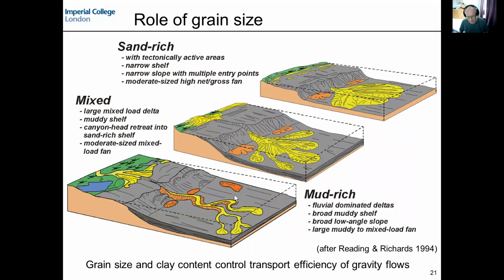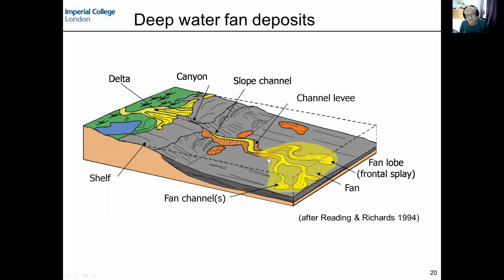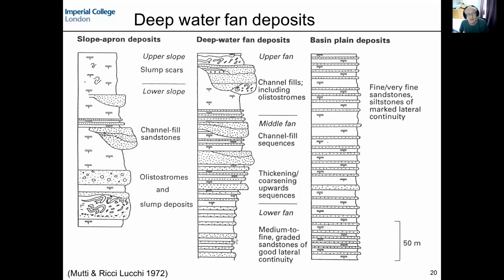We then look at the fan itself. We can see we have lobes, we have channels. Those are the two recurring elements within the fan itself, the fan of this sort of pale yellow shading. Typically, as we go from the outer part of the fan up into the middle part of the fan, we start off with lobe deposits, which tend to have sheet-like geometries.